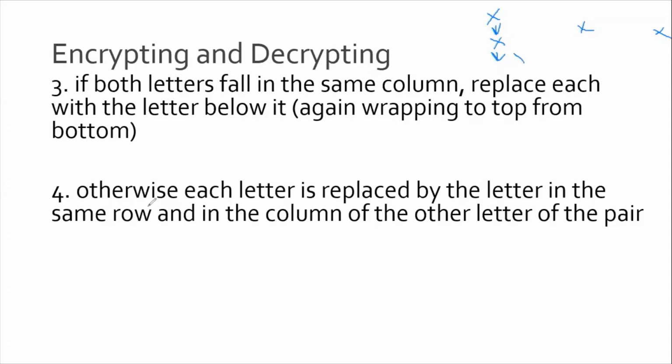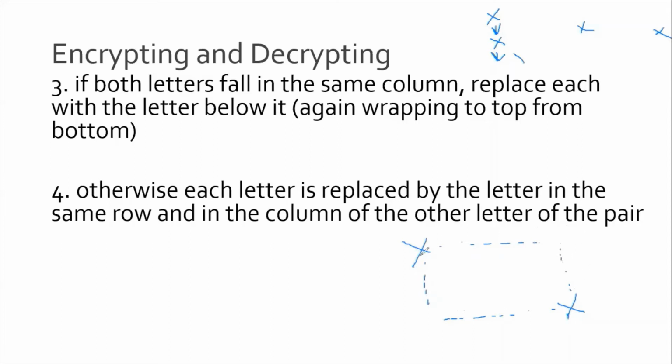The fourth rule said that otherwise each letter is replaced by the letter in the same row and in the column of the other letter of the pair. What does it mean? That means if we have two separate letters in different rows and columns, we will actually create a small grid like this. This is a small grid.